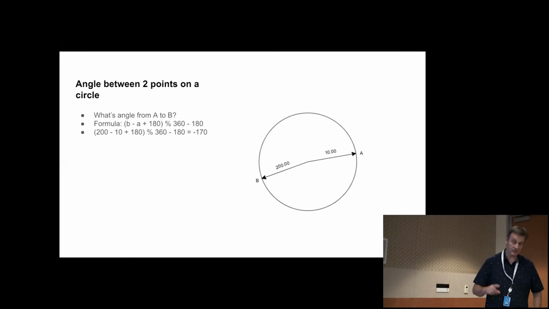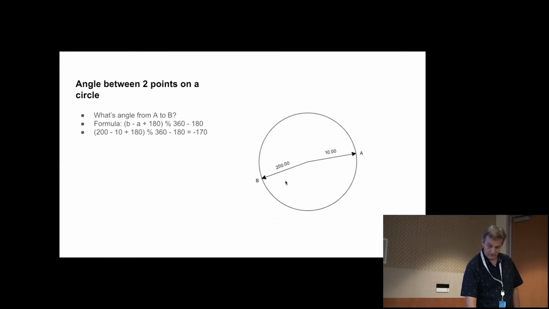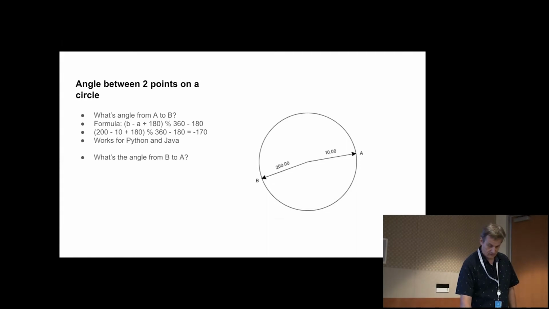And minus 170, that means that we are rotating clockwise. So we're following the bottom part of the circle and going to B. Sounds okay? Sounds normal. So this works for both Python and Java, no problem.